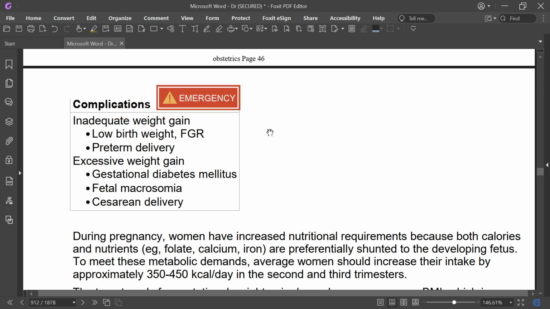If there is inadequate weight gain, there may be low birth weight, fetal growth restriction, and preterm delivery.